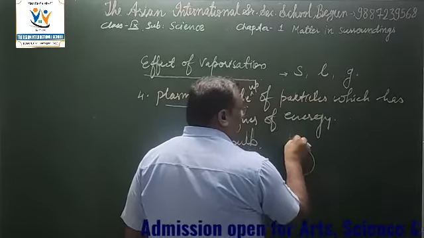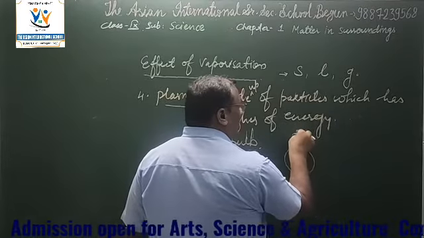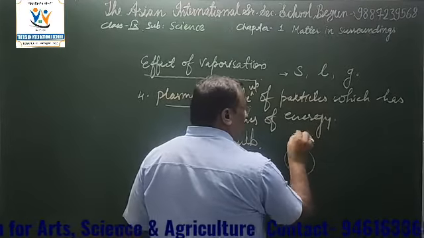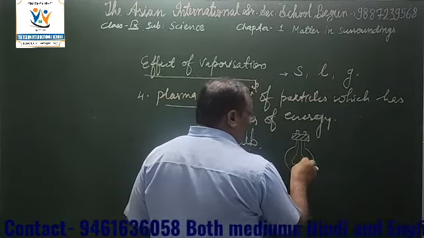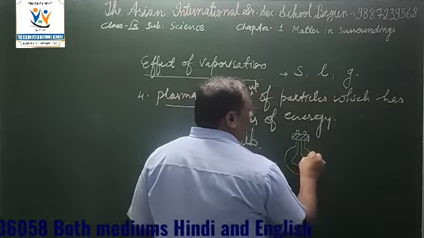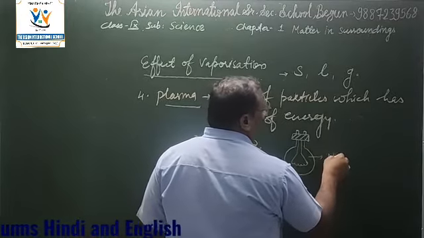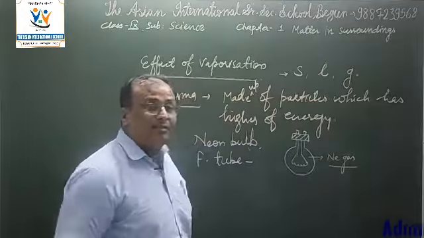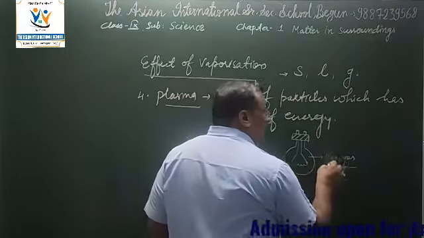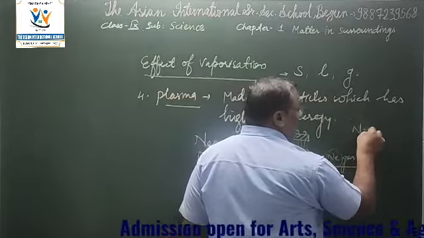Suppose this is the bulb. It bears two filaments and these filaments are here. These bulbs contain neon gas.